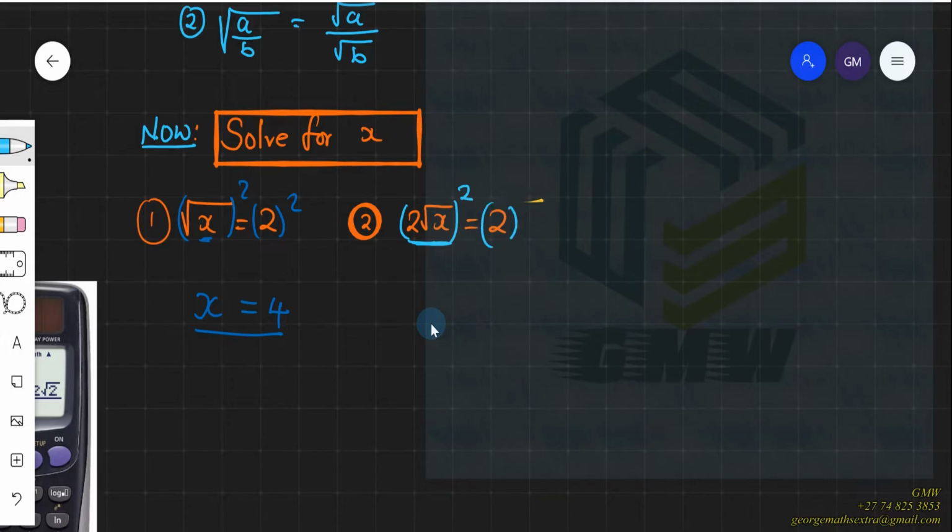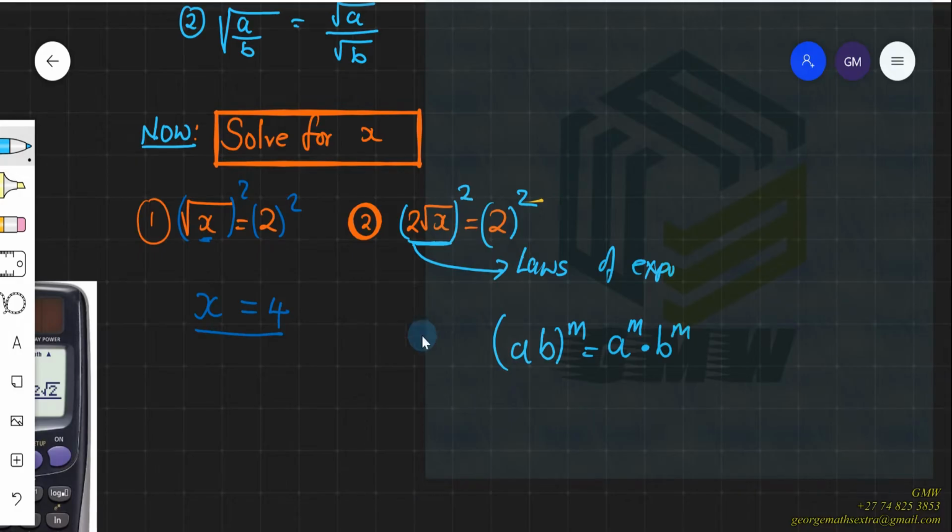Now, by squaring both sides like this, remember the laws of exponents. With the laws of exponents, we are taught that ab to the power of m is equal to a to the power of m multiplied by b to the power of m. So, everything that is inside the bracket raised to the power m must on its own also be raised to the power m.